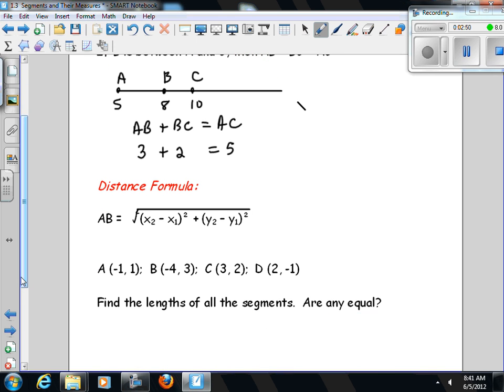All right. Next, distance formula. This looks a little more complicated, but it's really not.